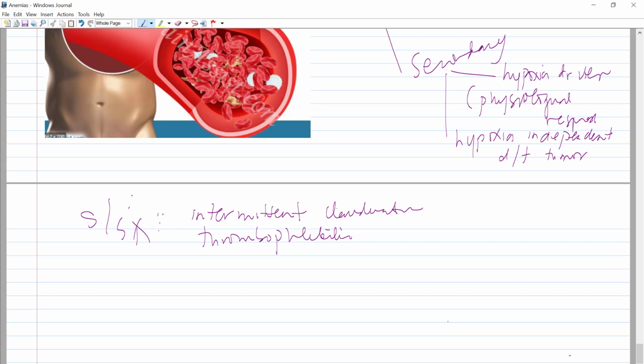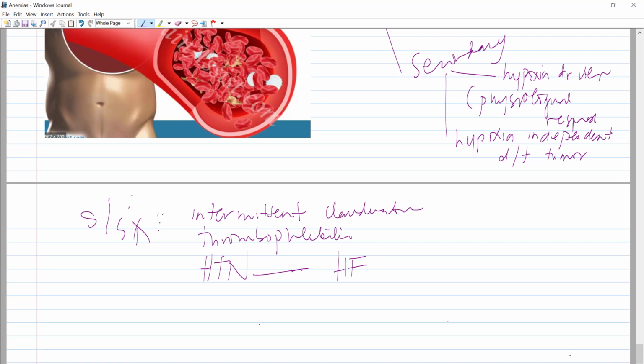Also, because of the hyperviscosity of the blood, your patient will have hypertension. Okay, so you have to monitor their blood pressure. And also, you've learned that hypertension, if it's out of control, can later on lead to heart failure. So you have to monitor this, and you've learned this from cardiac concepts.